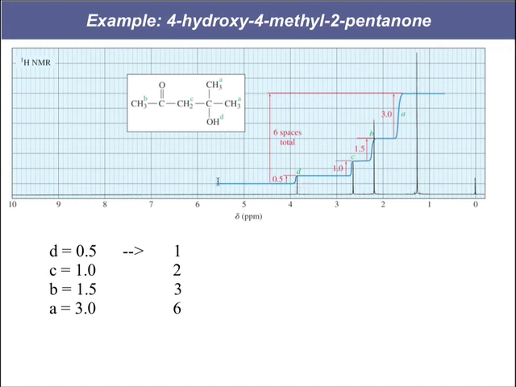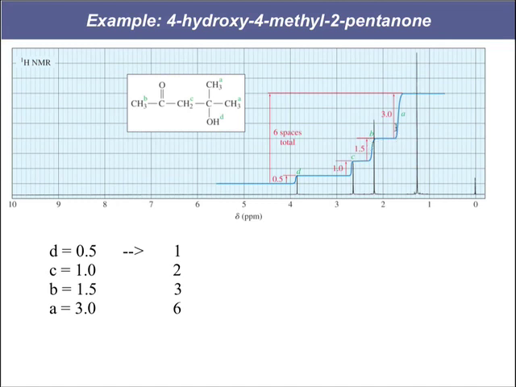Now, look at the integration line. If we follow this blue line, it jumps about half a space on our first peak. It goes about a full space, or 2 halves, for our next peak. Then it goes up 1.5, so 3 halves, for our next peak.